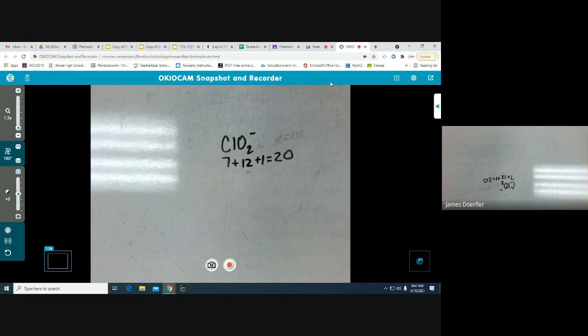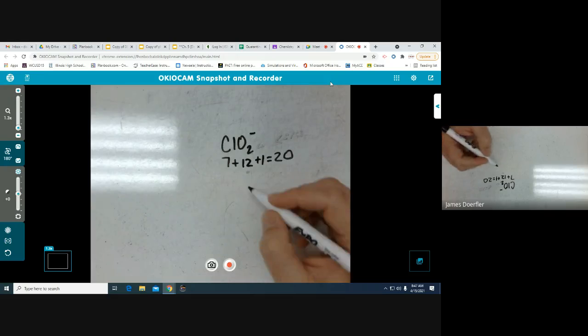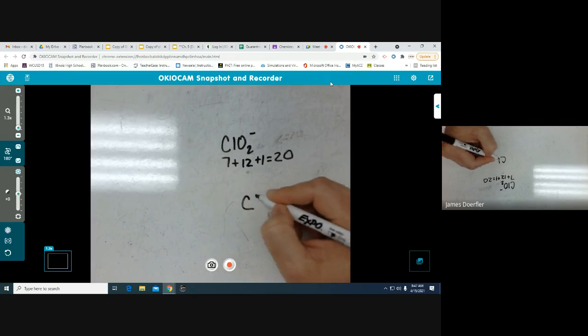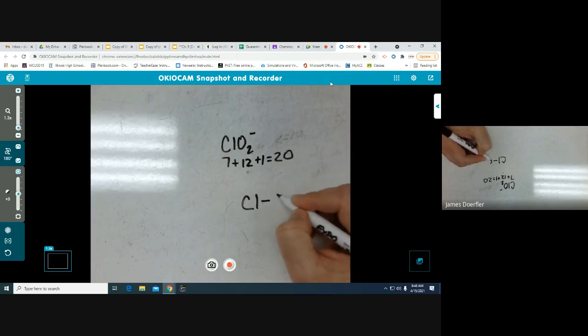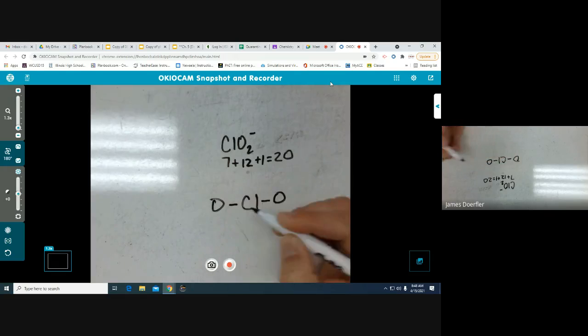So just using the trend is a little too difficult to use. So then we use that chart that I gave you the other day with the values. And if you look at that chart, you would see that chlorine is actually less electronegative than oxygen. So chlorine gets my central atom position.